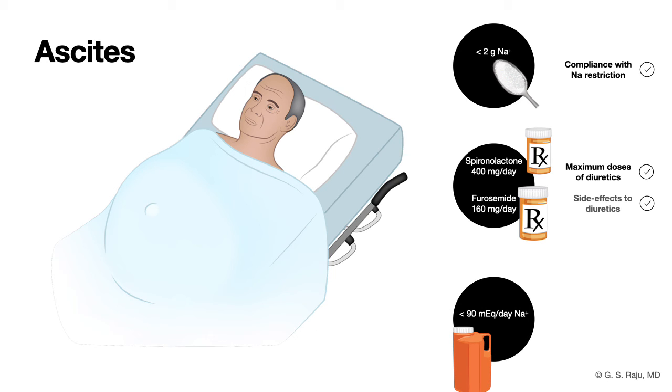Despite salt restriction and maximum doses of diuretics, if the sodium excretion in 24 hours is less than 90 milliequivalents, or if you don't have the ability to collect 24-hour urine and you go with a spot urine sodium to potassium ratio, and that is less than 1, you know that the patient is not able to get rid of the sodium.